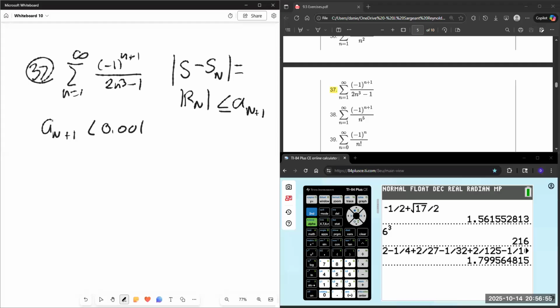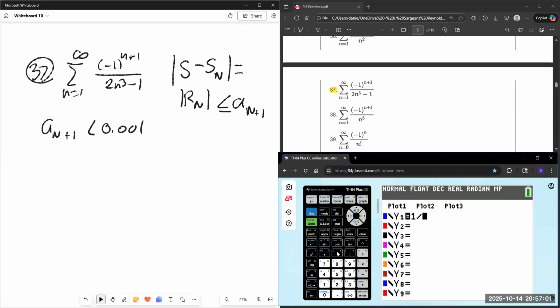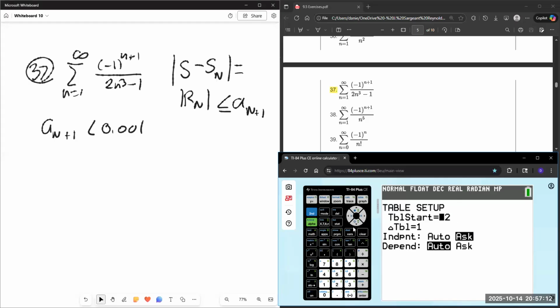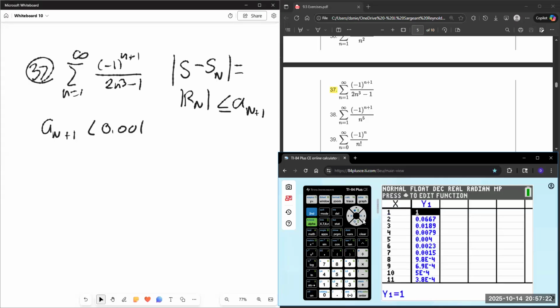So for the sign changer, I want 1 over 2x cubed minus 1. And I'll look at my calculator, auto starting at 1, going by ones. I'm just looking for the first time that we're less than 1/1000.